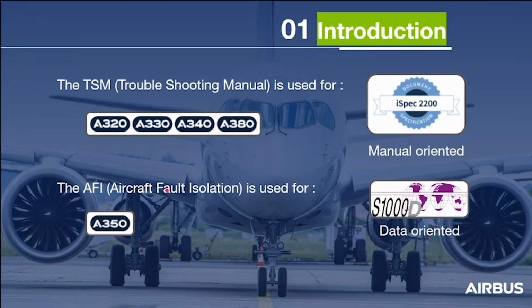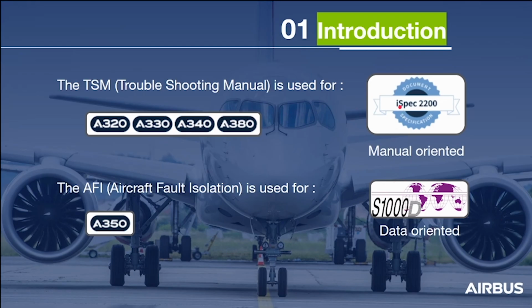On A350, we are using the acronym AFI, which stands for Aircraft Fault Isolation, and it is based on S1000D, which is data-oriented. In ISPEC 2200, we are more talking about manuals, like the Aircraft Maintenance Manual, AMM, and the TSM, Troubleshooting Manual. And on A350, we are more talking about data modules.